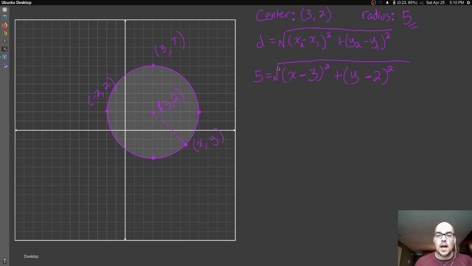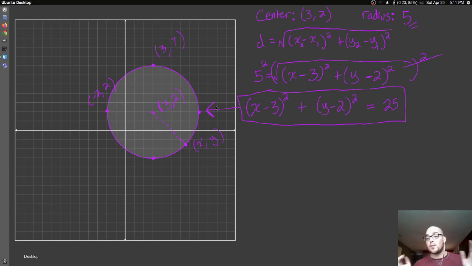So when I square both sides, the square root drops out, and I would just have x minus 3 squared plus y minus 2 squared, and since I squared both sides, that's going to equal 25. As ugly as it may seem at first, this here is the equation of the circle we just drew. That's the way we present the equation of a circle.